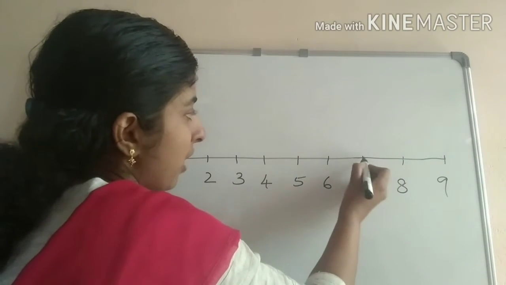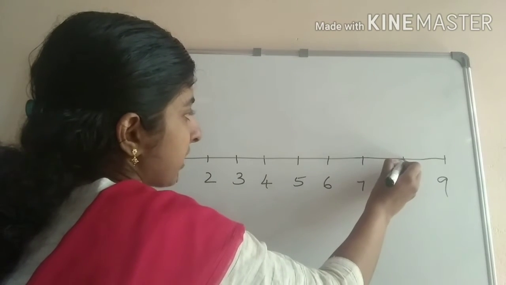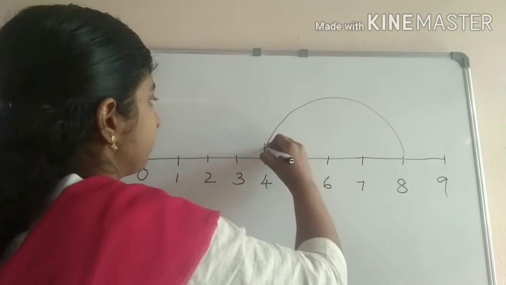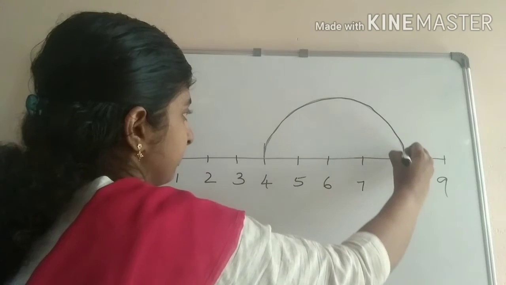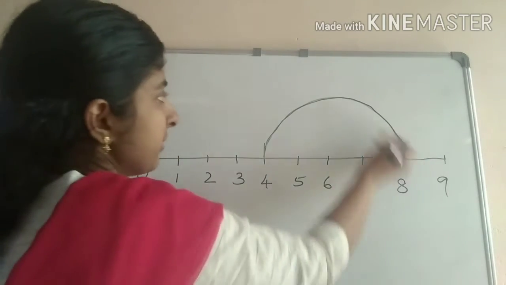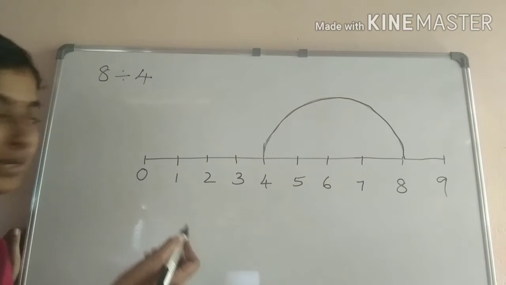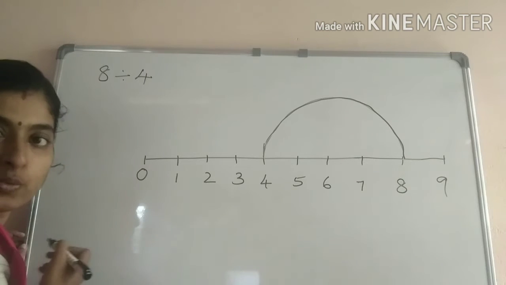That is 1, 2, 3, 4. Starting from here, 4 steps backward, that is here.